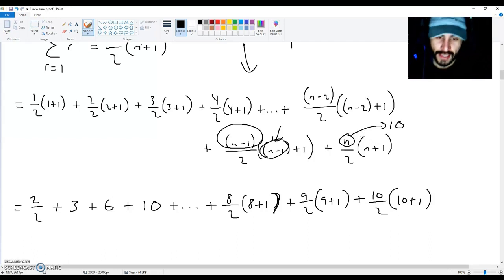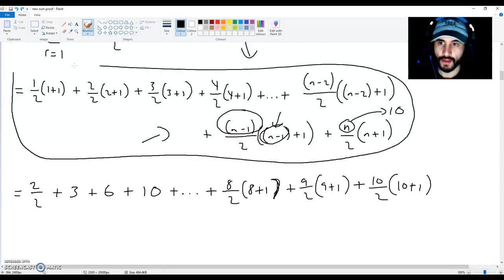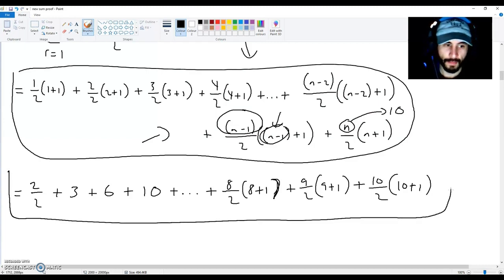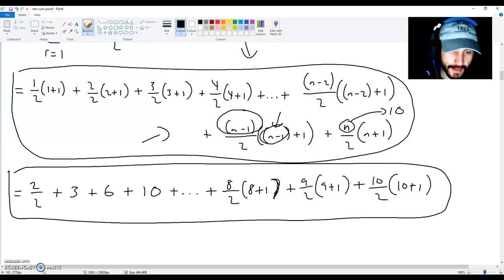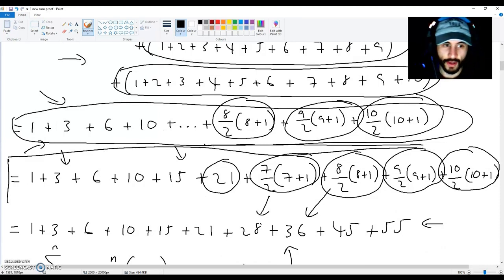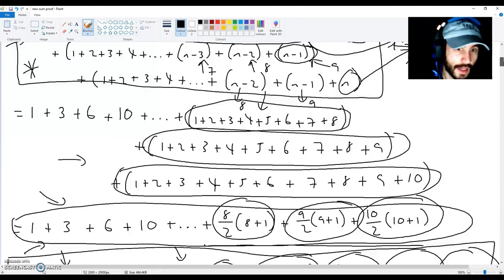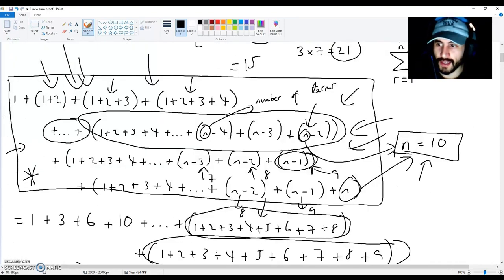So we are starting to get a picture of what this actually all means. When we plugged the value 10 into n, into this description, we got this. And this turns out to be the same as the value that we got when we plugged 10 into this long description.